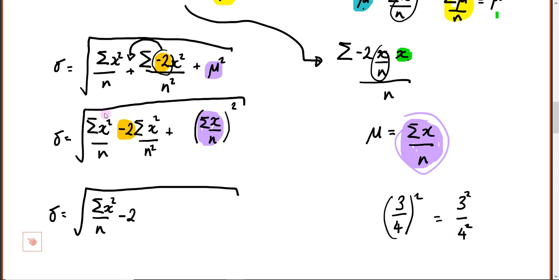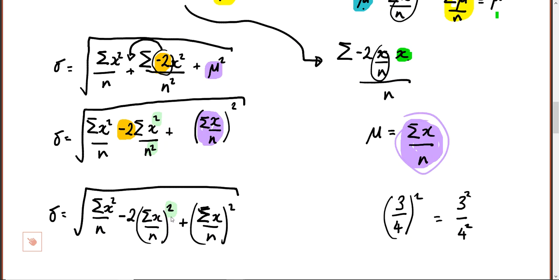So this I'm going to change to -2 lots of sigma x over n all squared, that comes outside, plus I've still got my sigma x over n all squared there. The only thing I've done at the moment is take these squareds and put them outside the bracket.